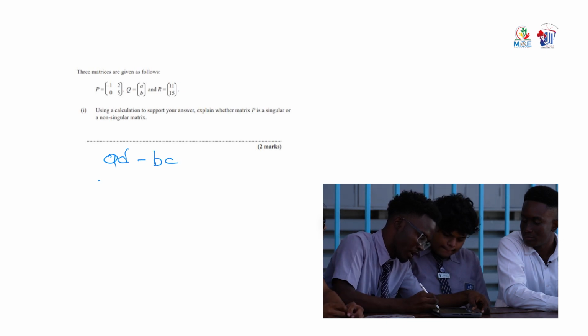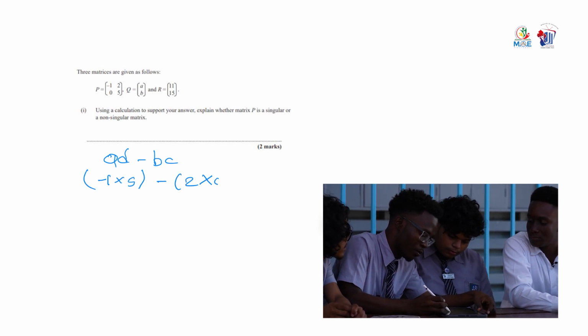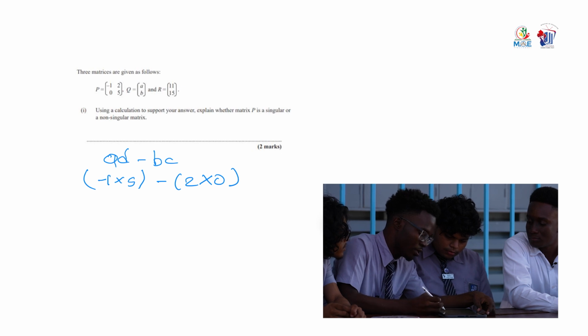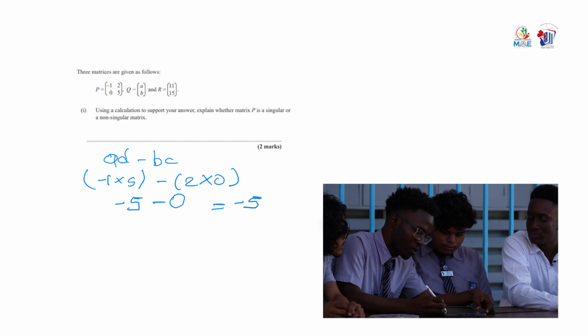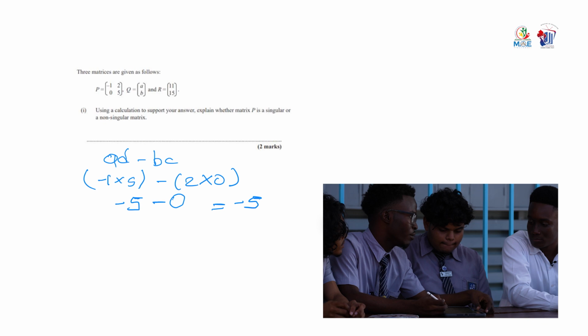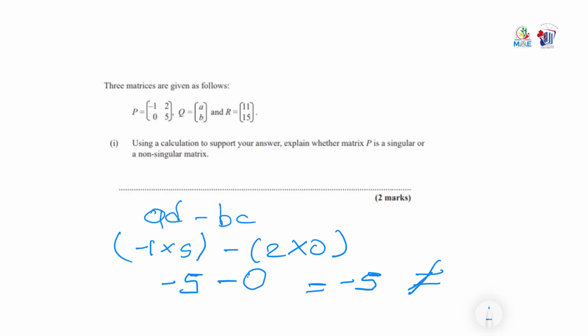So A is negative 1 times 5 minus 2 times 0. Negative 1 times 5 gives us negative 5, minus 2 times 0, which gives us 0, which will be equal to negative 5. So this is a non-singular matrix. It does not equal 0. Good, very good.